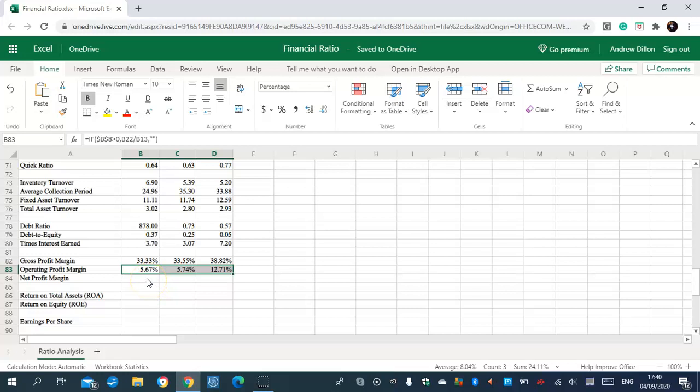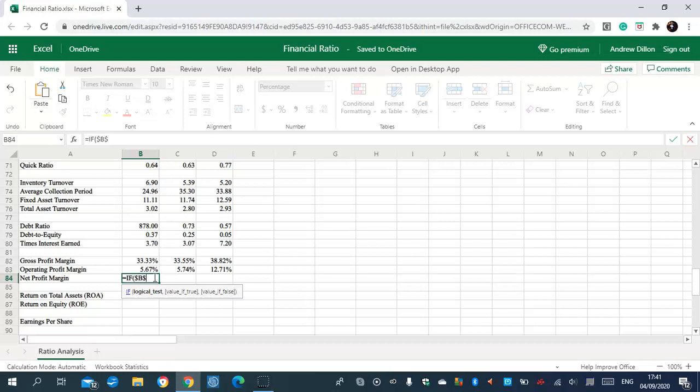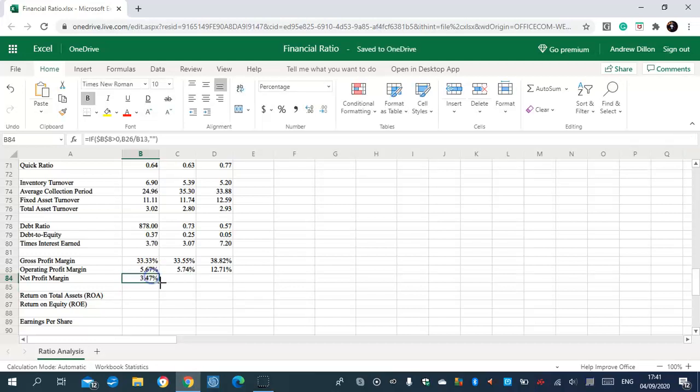Okay, net profit margin will be the next step. 3.47%.